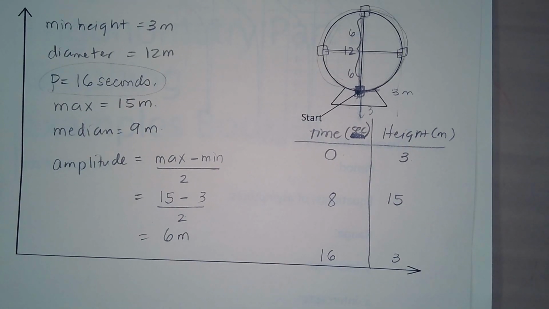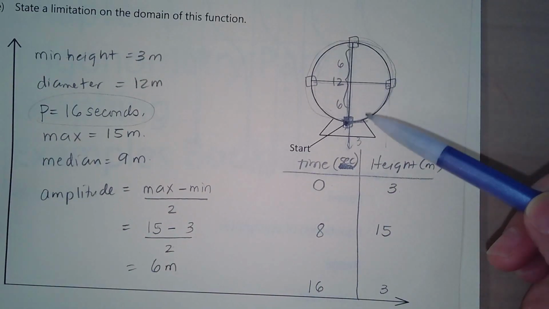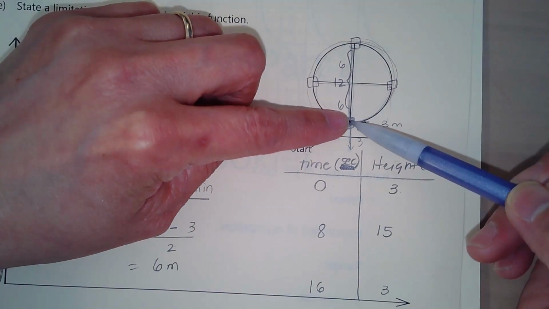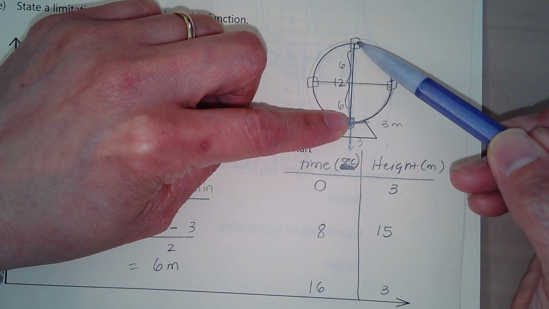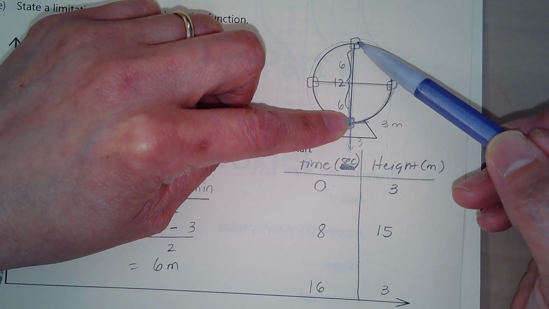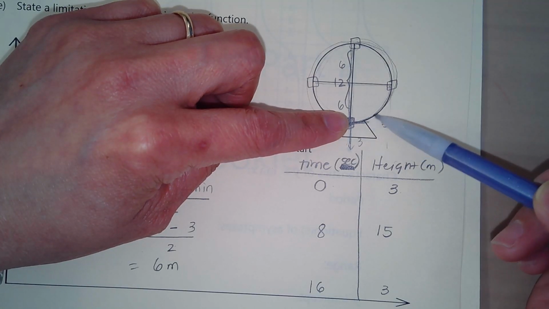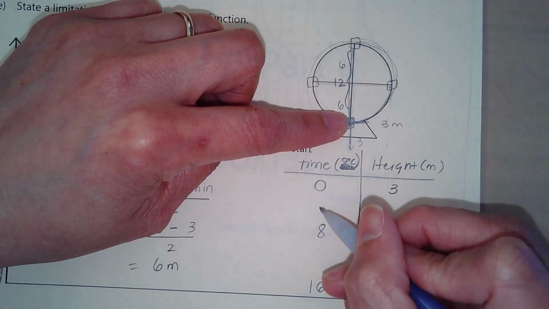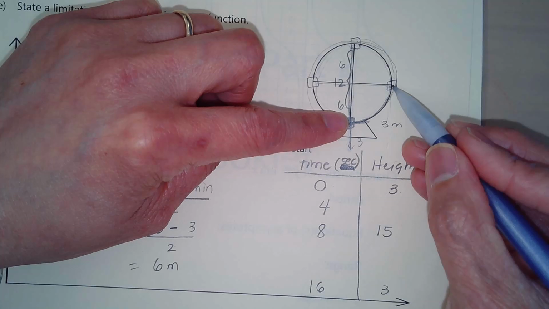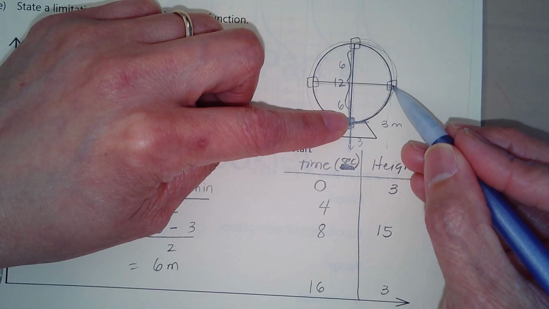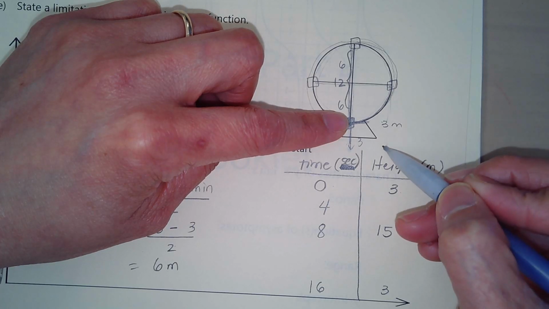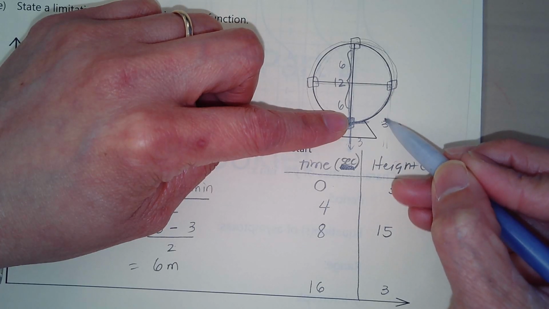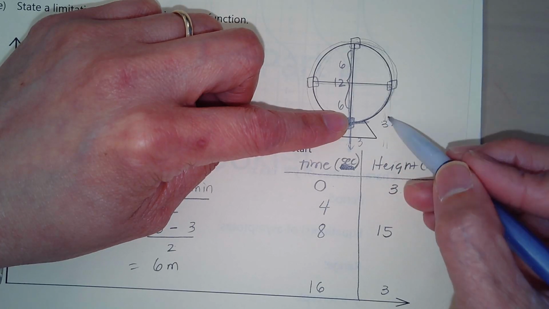Max. Now, if it takes 8 seconds from here to there, how many seconds to go from here to here? 4. So I'm going to put 4 seconds. At 4 seconds, it's going to be 3 plus 6, it's 9.